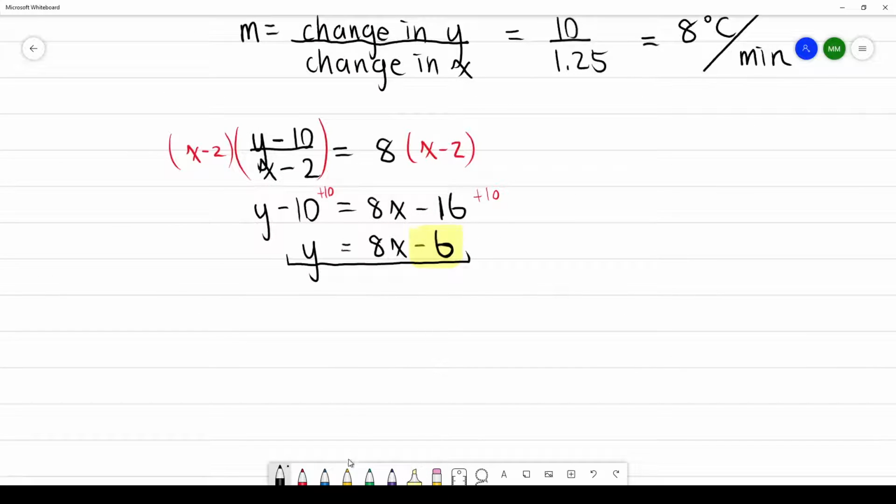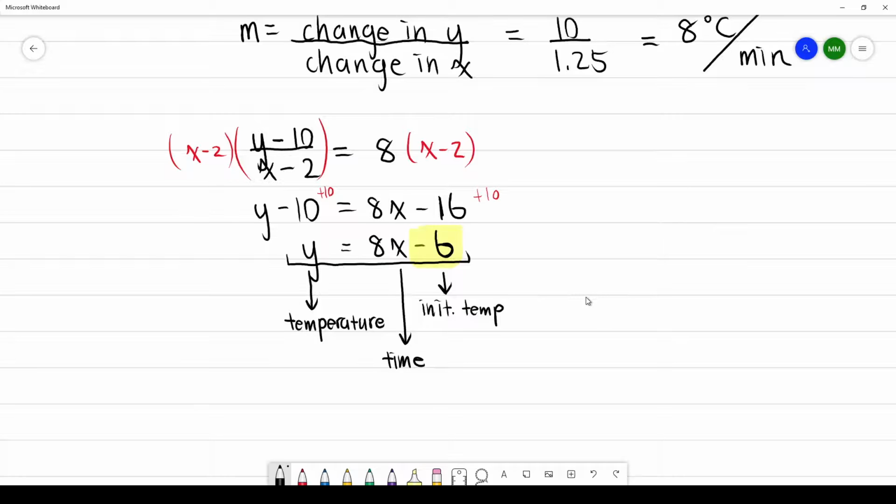So this here, initial temp, and then x over here is time, and y is temperature. So you must always be cognizant, so always be aware what the variables represent.